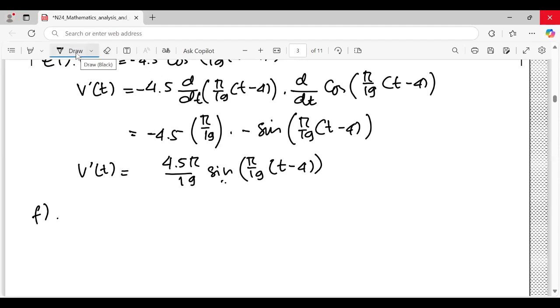So sine of pi/19 (t - 4) should be equal to 1.